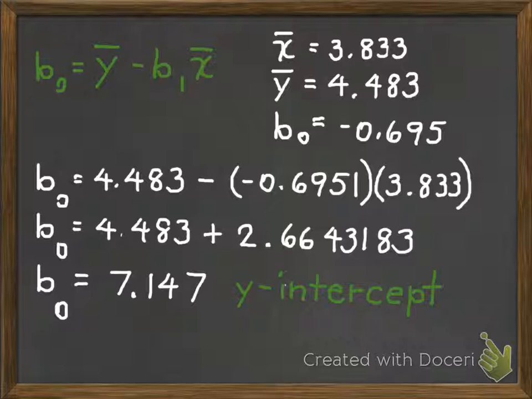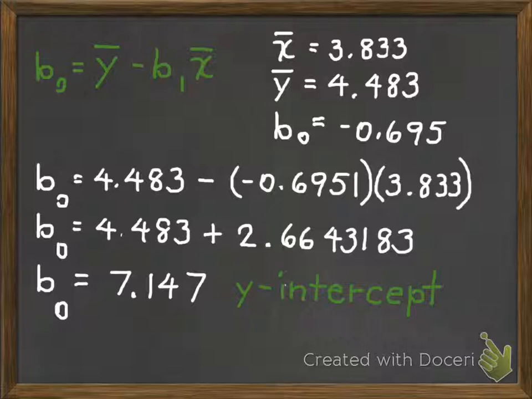The mean of the values for the response variable y comes to 4.483. We found the slope on the previous slide to be minus 0.695. So now we have all the values we need to compute the y-intercept of our least squares regression line.